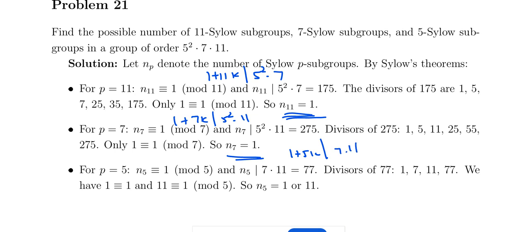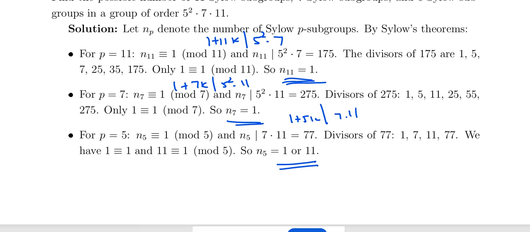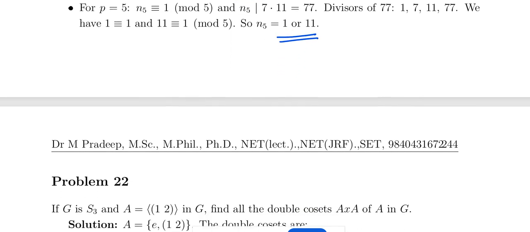Here, putting 0 is obviously true, and putting 2 gives 10 plus 1, 11. So n5 equals 1 or 11. That is not a normal subgroup, so not simple.